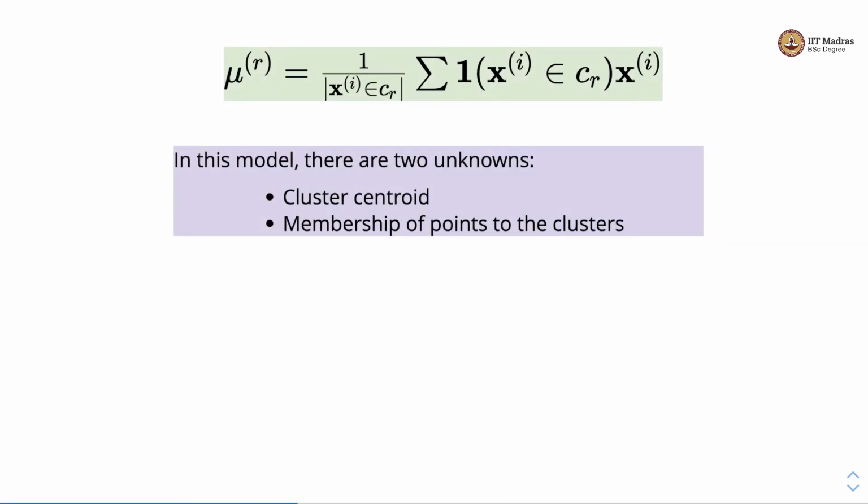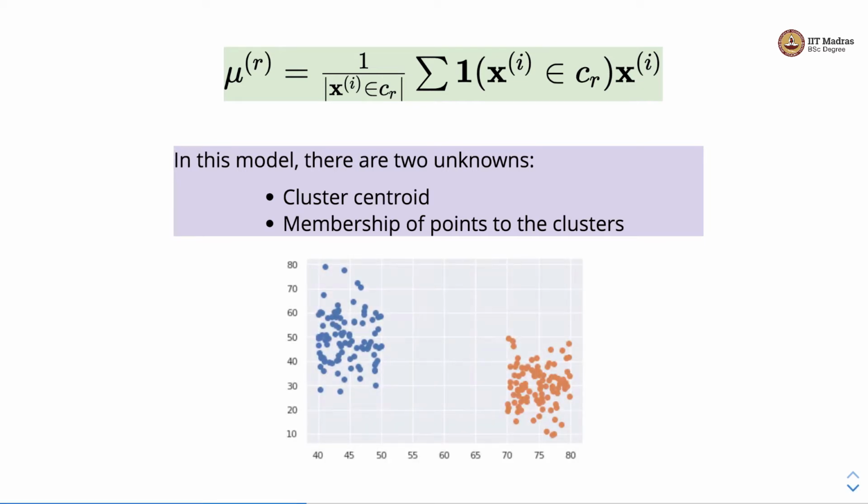So in this model there are two unknowns. We do not know cluster centroids and we do not know membership of points to the clusters. So we only have points, but we do not know exactly which cluster each point belongs to, and we also do not know about the cluster centroids.